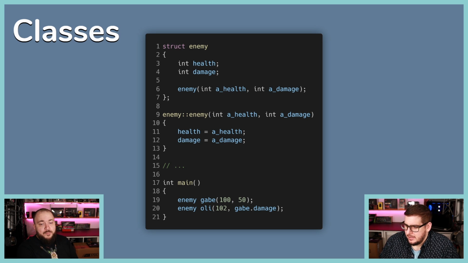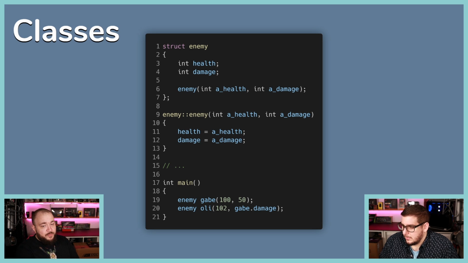But then we can put in arguments like any other function. Here we have 2 arguments. I called them just A health and A damage as the argument health, just to have a different name. But you notice that in line 9, we're actually creating the function.